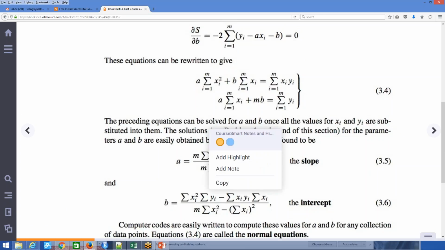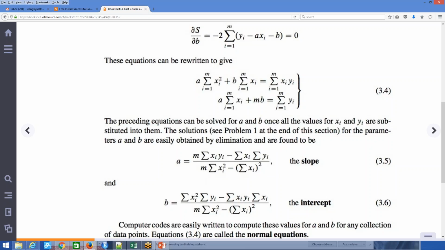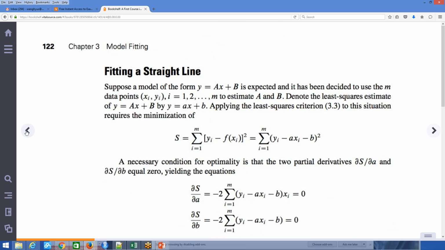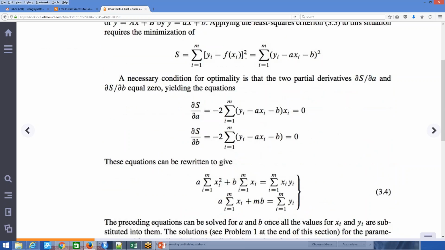B is the intercept. A is the slope. So it's valid in general. Either A could be 0 or B could be 0, but it can be calculated that way. If you read this section already, the objective function is really trying to minimize the actual value minus the function value, squared, summed over all of them.